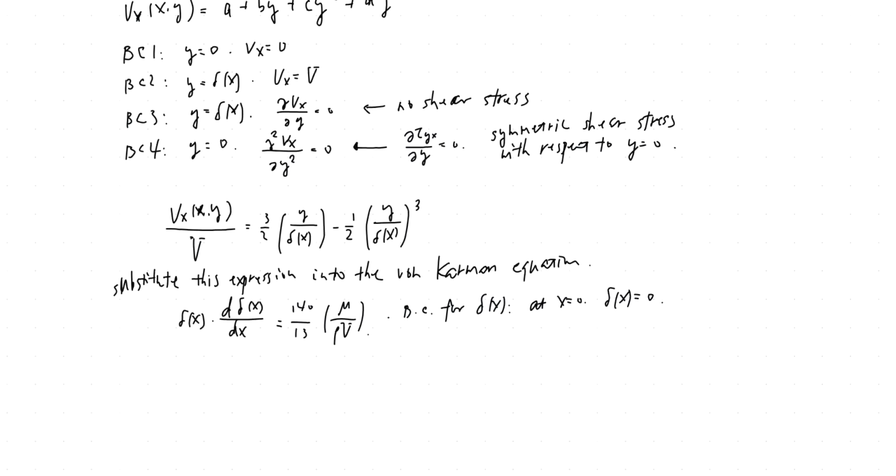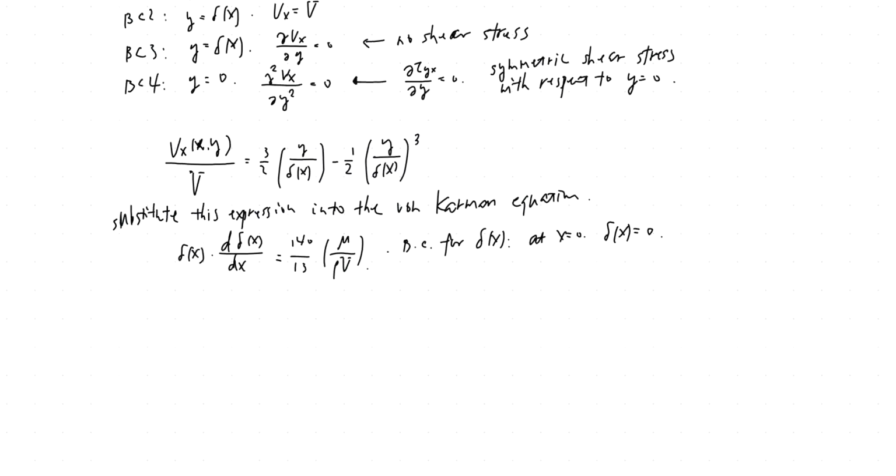So it solves for delta x as 4.64 times the square root of mu x over rho capital V. Clearly, it's a function of x, as we discussed at the very beginning. The boundary layer thickness in this problem does depend on x.